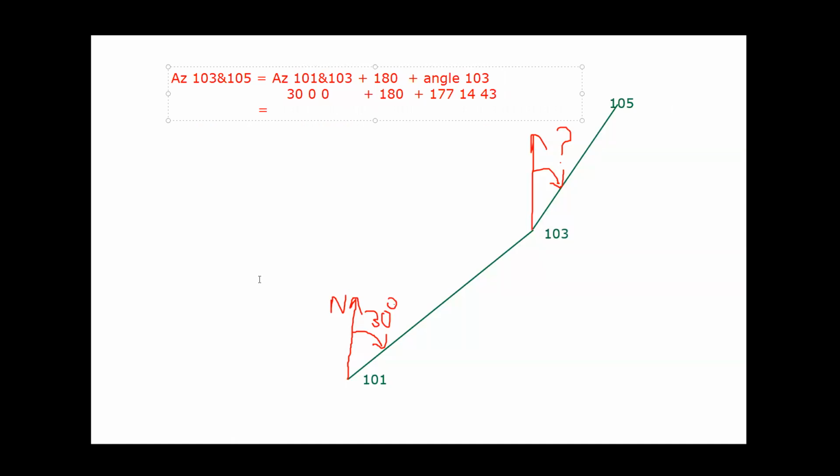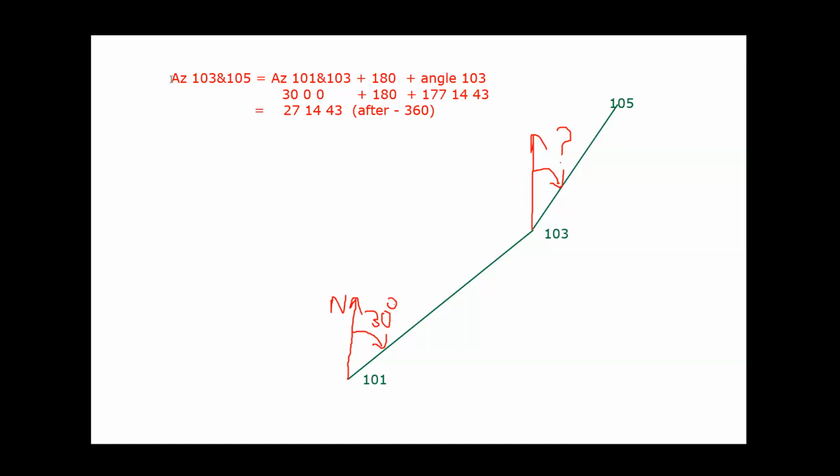After you do the math, this is going to be a little more than 360, so you'll have to subtract 360 out of the answer. And the final is 27, 14, 43 after subtracting 360, because this is more than 360. That's how you do this one.